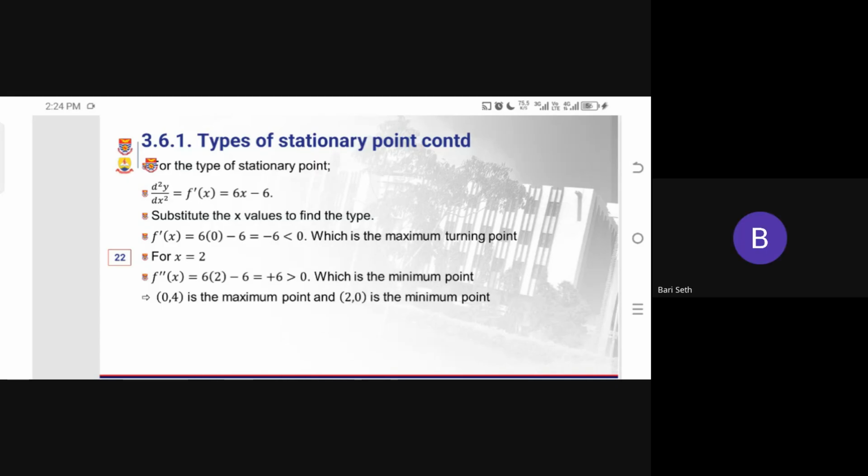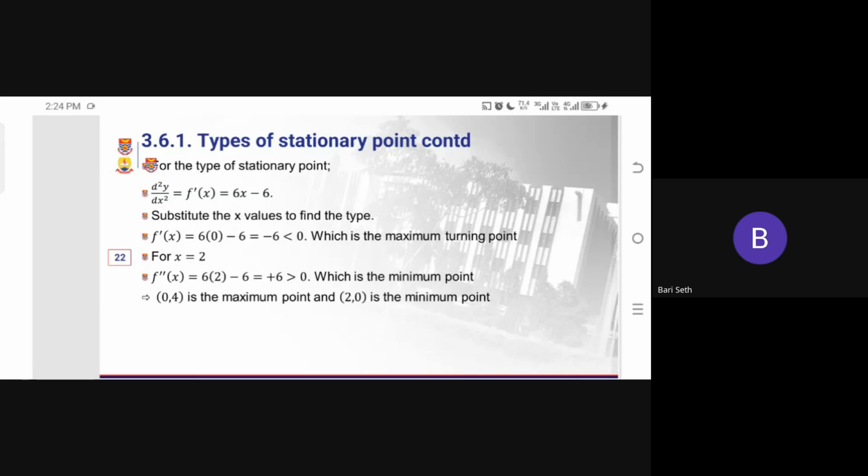It's going to be -6. And -6 is less than 0, and this implies it is going to be a maximum. That particular point will have a maximum turning point. When x is equal to 2, we are going to have 6 times 2 minus 6, which is equal to 12 minus 6, which is equal to +6.